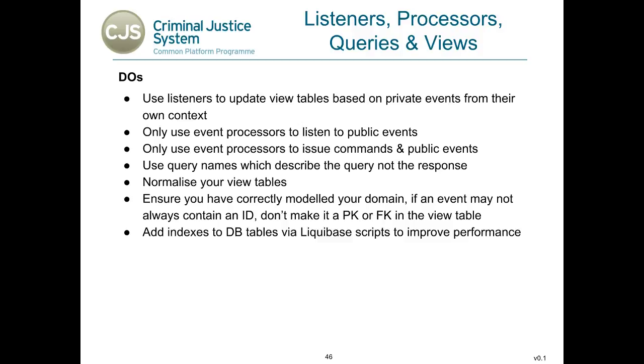So they should never generate IDs. They should never generate dates. They should always use just the information that they get from the private events. And the reason for that is that we need our views to be reproducible. So if we wipe a view store, run the event stream into it, wipe it again, run it in again, we expect the data in the view store to be exactly the same.